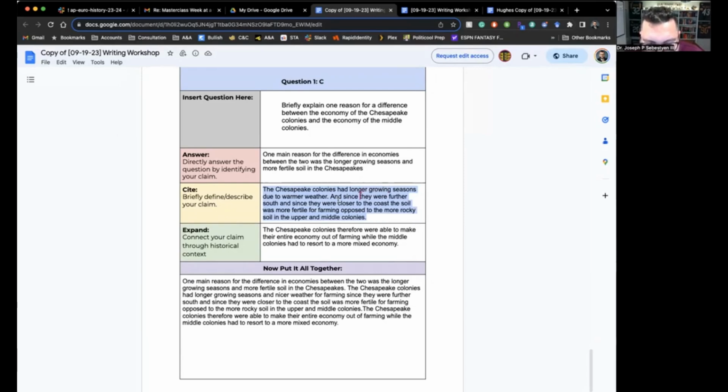And since they were further south and closer to the coast. I would keep this one sentence. So the Chesapeake colonies had longer growing season due to the warmer weather. Or actually, here, warmer weather in the south, comma, and since they were closer to the coast, the soil was more fertile. Period.